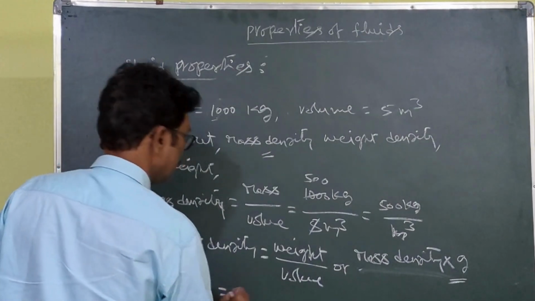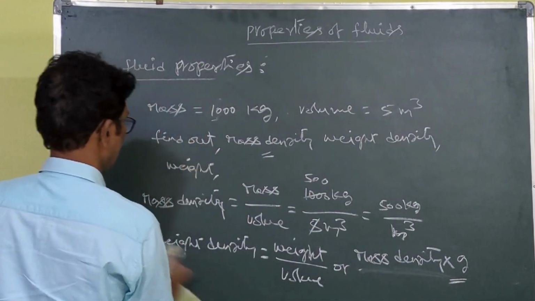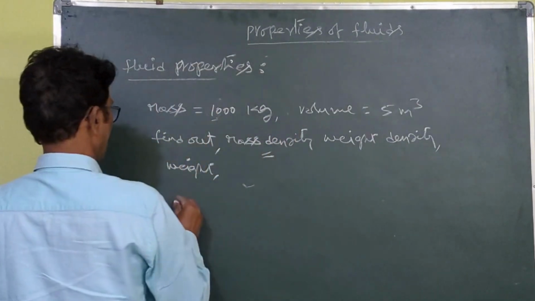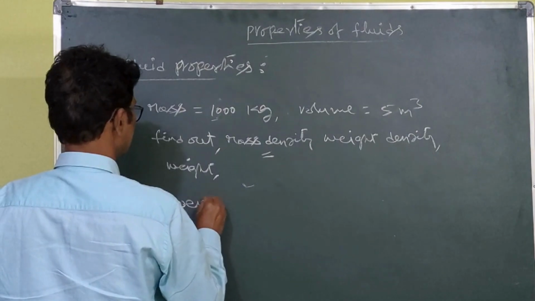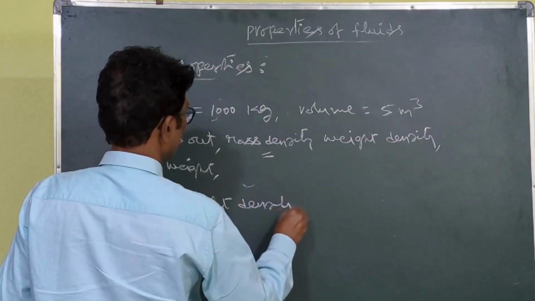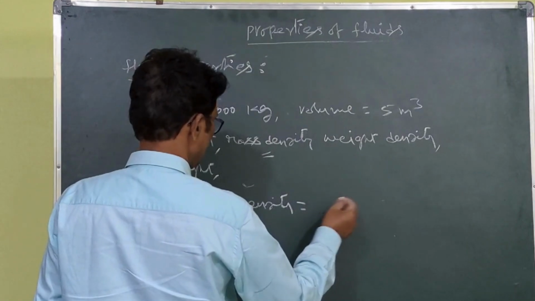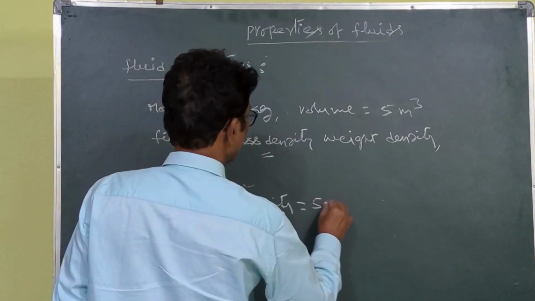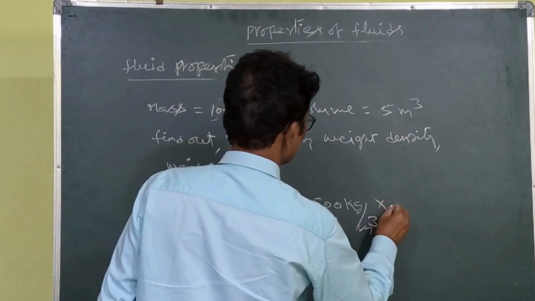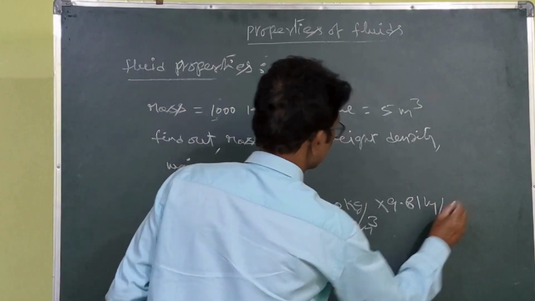So mass density equal to 500. I can arrange this one. Weight density equal to mass density into acceleration due to gravity, that is equal to 500 kg per meter cube into acceleration due to gravity 9.81 meter per second square.